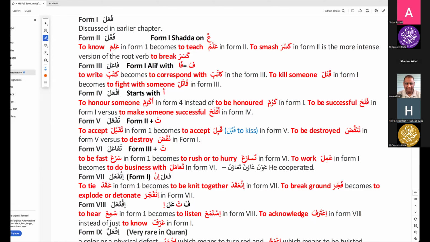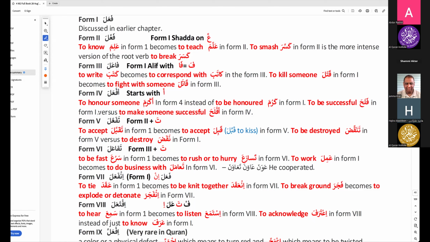Can you see the meaning keeps changing? And the letters are also changing, from the simple tri-letter word karuma to akrama. To be successful, falaha.